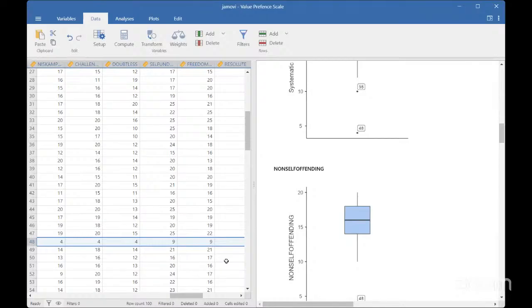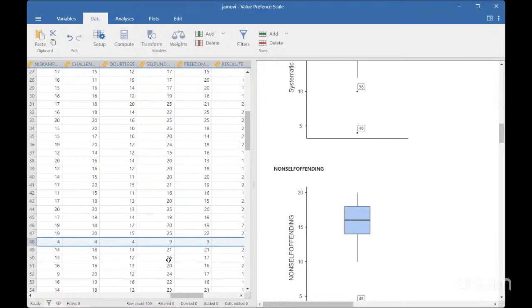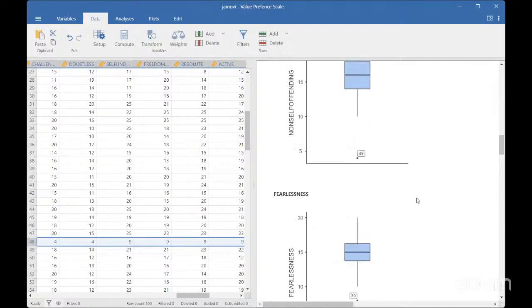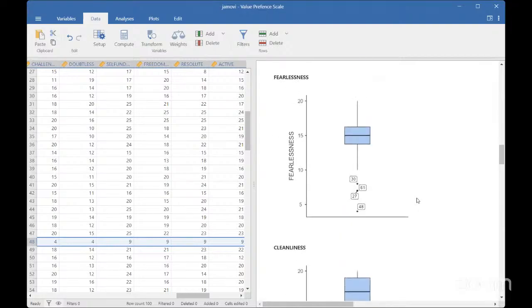Okay. Non-self-offending, 48. Go below. Now, after non-self-offending, you go below, fearlessness. Okay, now one important thing, since 48 is the outlier, we have to remove the 48 number case.